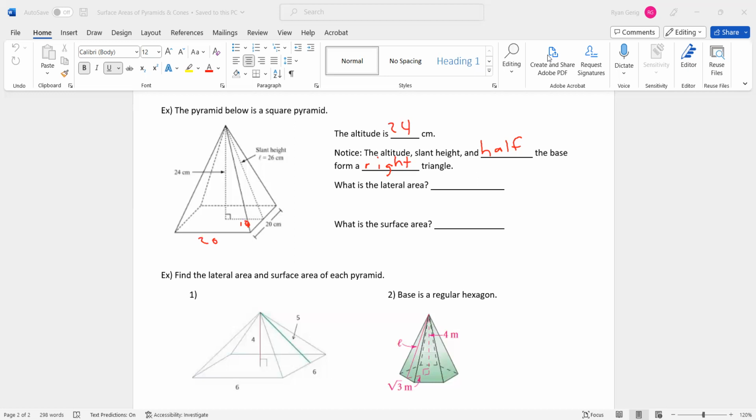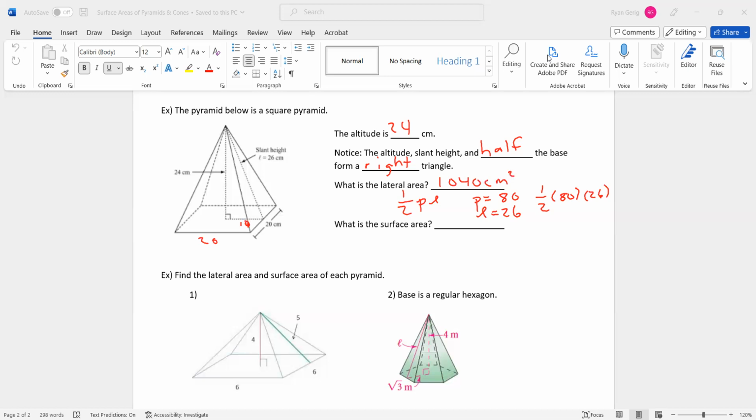Okay, so the lateral area here is 1/2 PL, where P is the perimeter of the base. Well, 20 plus 20 plus 20 plus 20 is 80. And the slant height is 26. It's given to us. 80 times 26 divided by 2 is 1,040 centimeters squared.